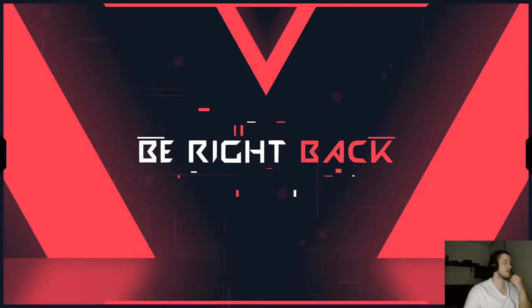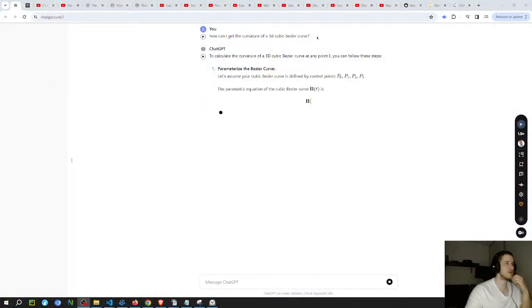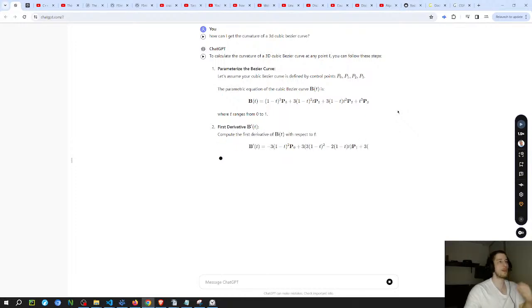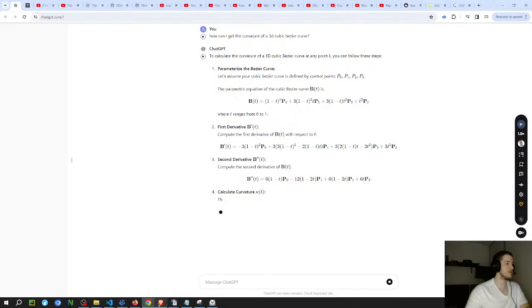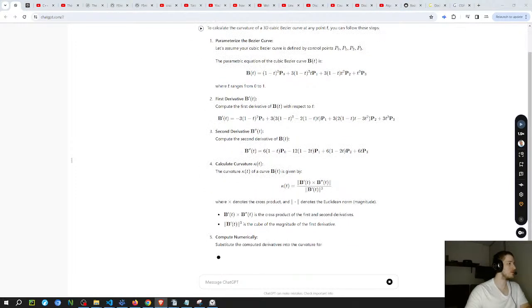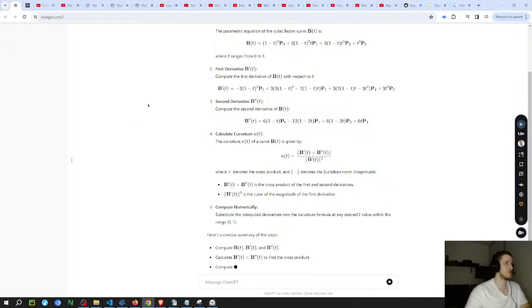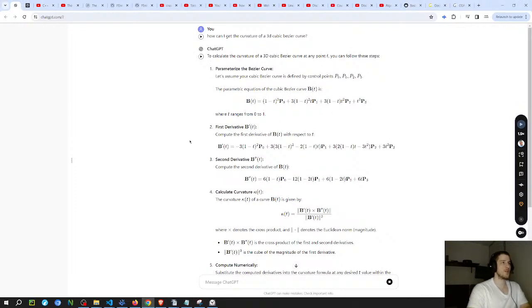I'm just going to ask the simple question. Calculate the curvature of 3D cubic Bezier curve. At any point t, you can follow these steps. Parameterize the Bezier curve.